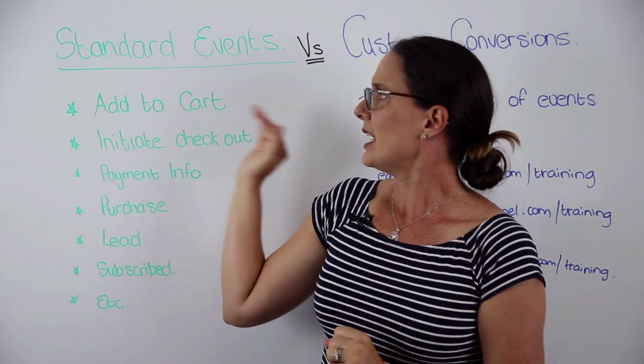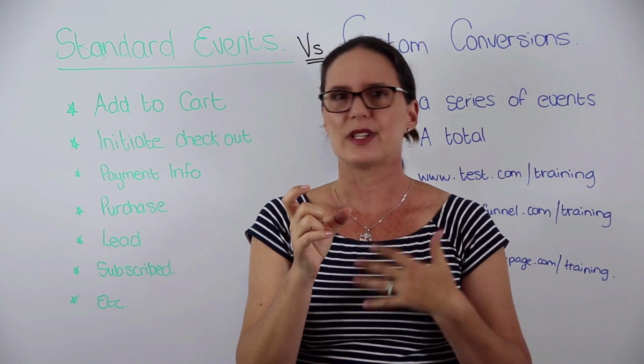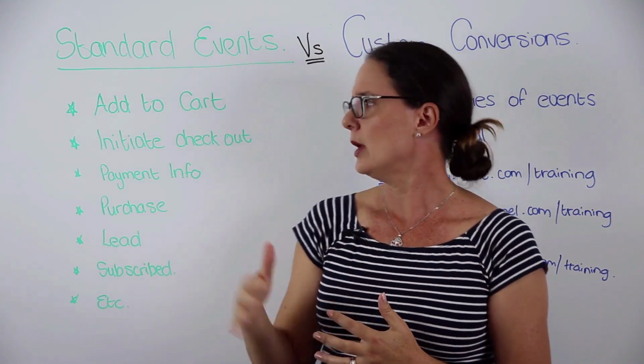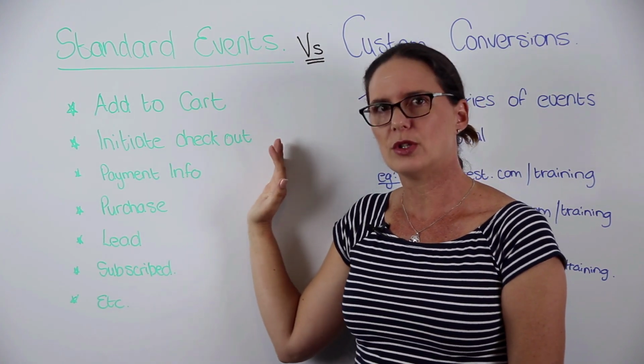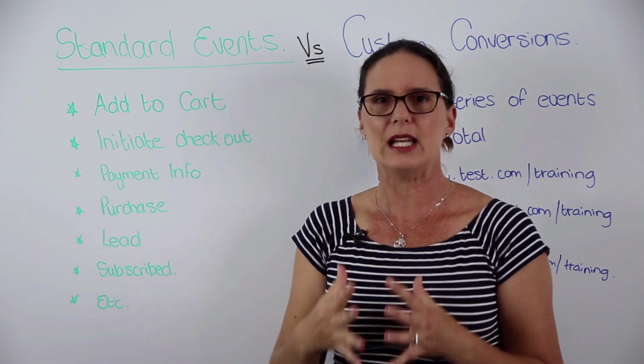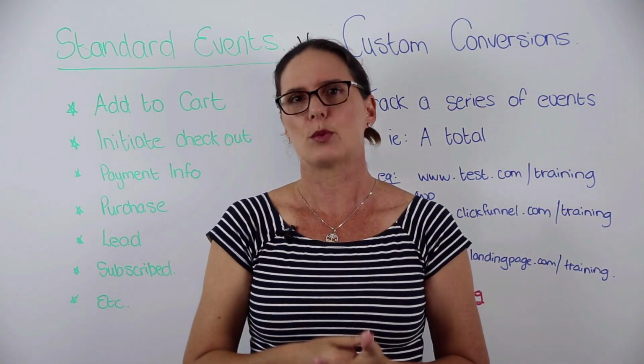Whereas this is easy just to go through and put your pixel in, and if you're using a WordPress site or any of those other sites, there are actually tools that help you set this up. So Facebook really does push you to use this, and unless there is a really, really good reason to be using custom conversions, please stick with your standard events.